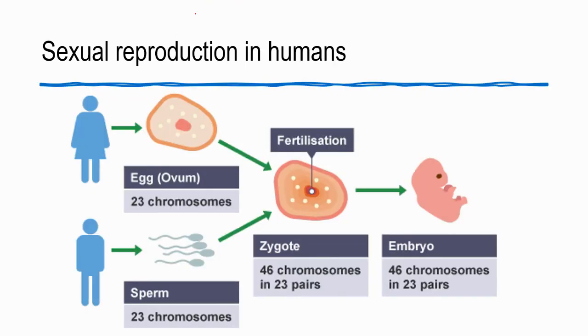So this is just a diagram explaining this. So we've got the egg has 23 chromosomes, the sperm has 23 chromosomes. They join together at fertilization, and then you've got 46 chromosomes and 23 pairs, and that grows into an embryo.